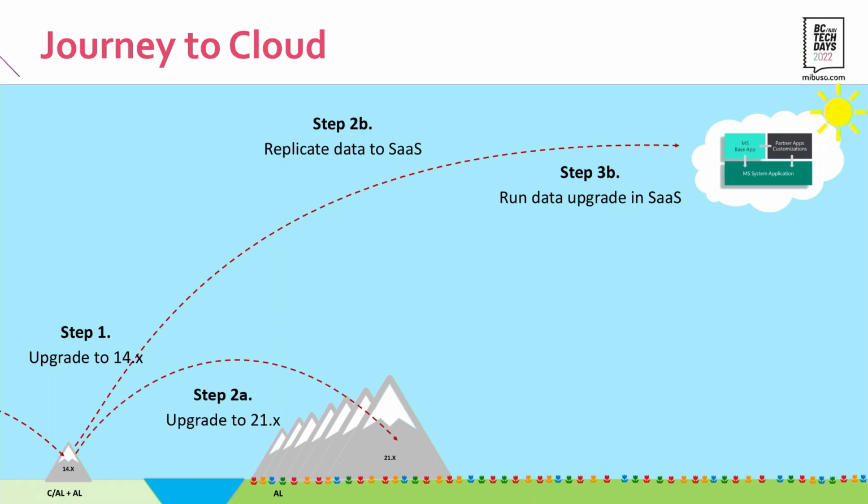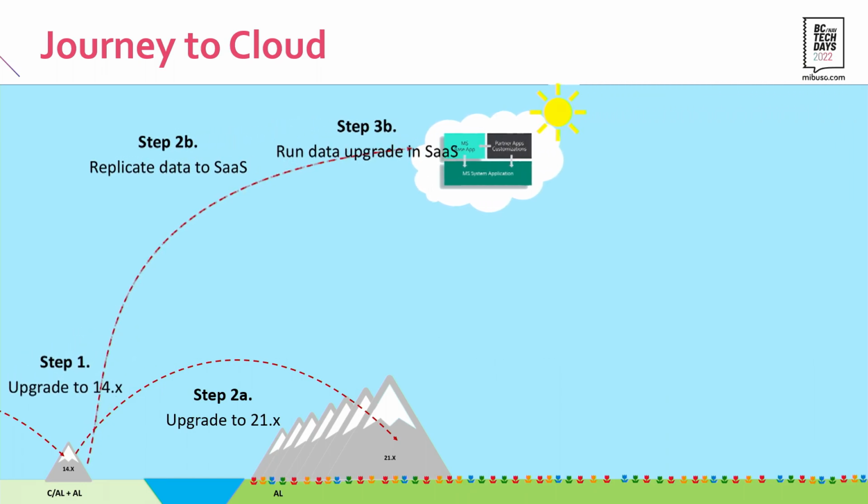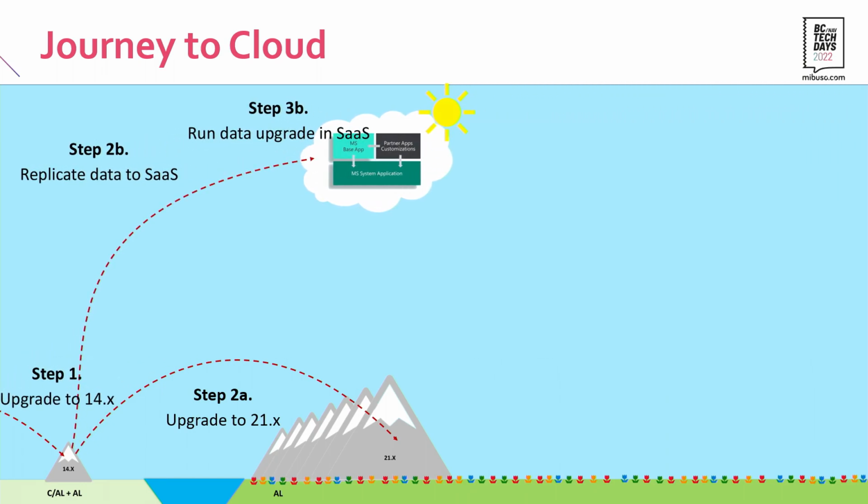And because we are reusing the same engine, it should take much less time to also migrate to SaaS. Since we are reusing the engine, we get all of the benefits that we usually get. And I hope that the ultimate test basically is going to be done by you guys. So we are looking forward to your feedback, but we believe that the upgrade to 21 is going to be faster than the upgrade to version 20. So with this, I hope that we have fixed the long-running upgrade problem.